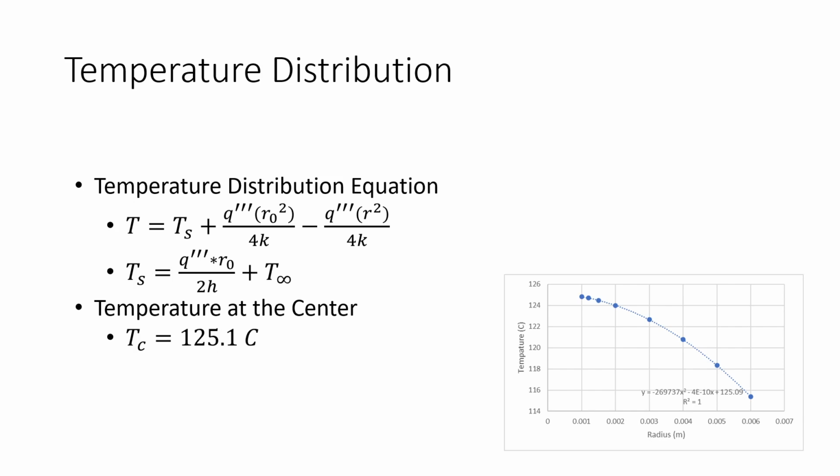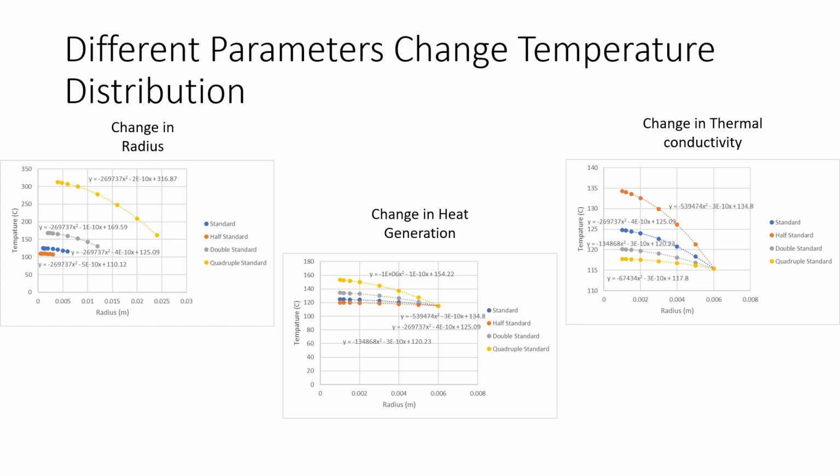Using these equations to solve for the temperature at the center, we get that the temperature at the center is 125.1 degrees Celsius. The temperature distribution is also seen on the graph on the right hand side. Now, this is how different parameters change the temperature distribution.